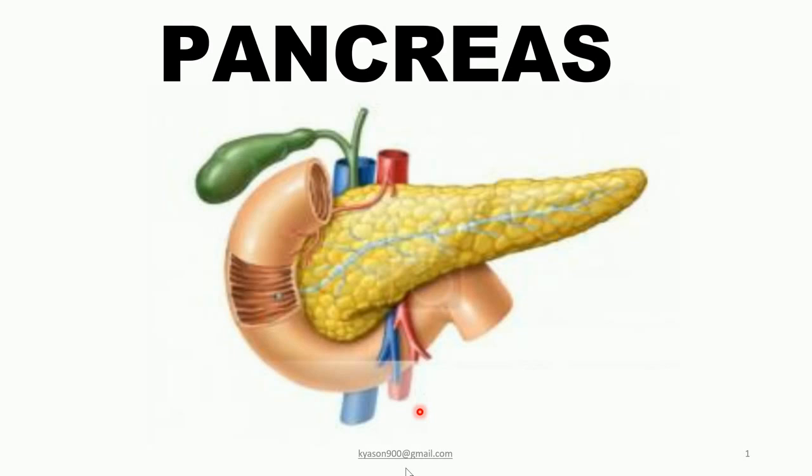Okay. All right. So this morning we are going to look at the pancreas and the spleen. These are very important organs to know about anatomically. They are frequently scanned, just like other organs.